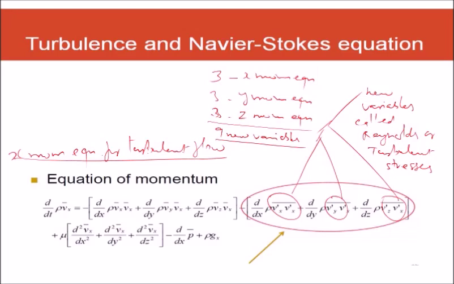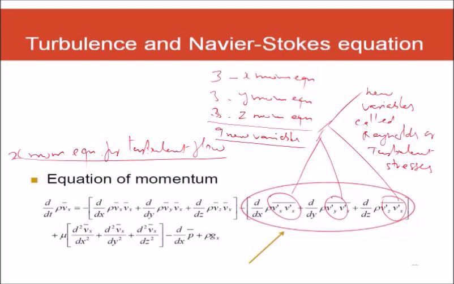As a result of this substitution, we get three new variables. These are called Reynolds stresses or turbulence stresses. And we get three similar variables from the y momentum equation and three from the z momentum equation.